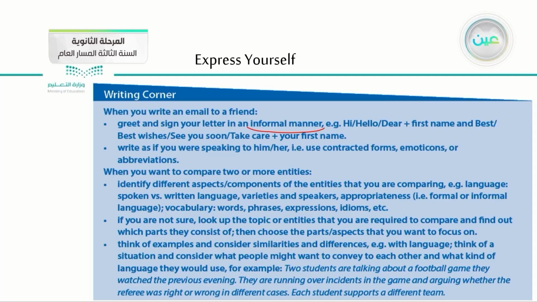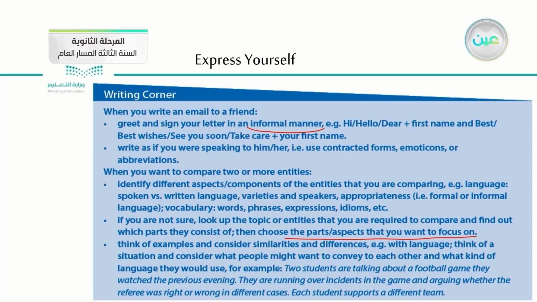So in the previous page, we looked at the chart where there are many criteria that you can pick one or two of and compare between Arabic and English in terms of these criteria. The last part is to think of examples and consider similarities and differences.